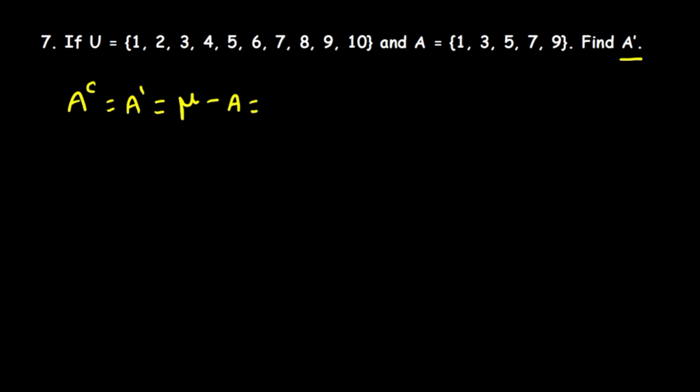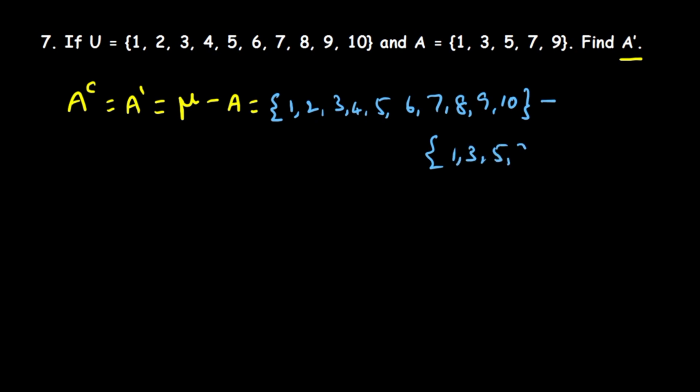The mu is 1 to 10 numbers, like 1 2 3 4 5 6 7 8 9 10, minus set A, which is 1 3 5 7 9. So what is common in both? 1 is common, 3 is common, 5 is common, 7 is common, and 9 also common.